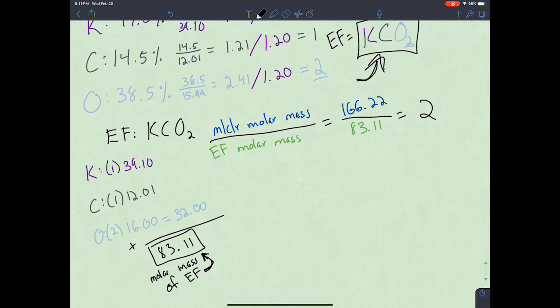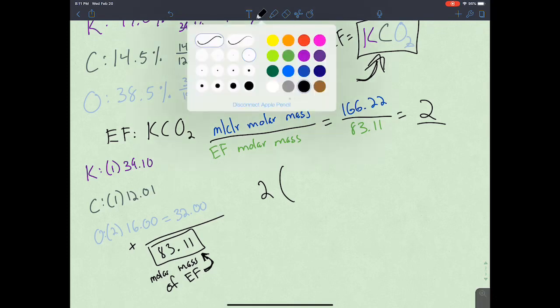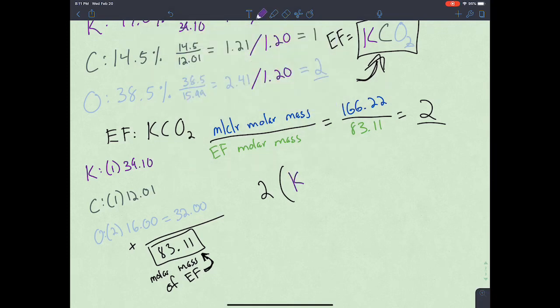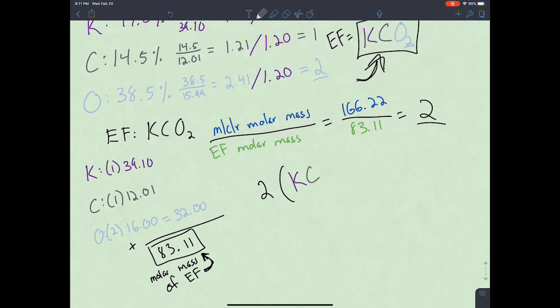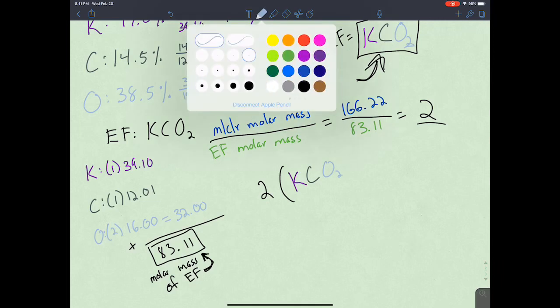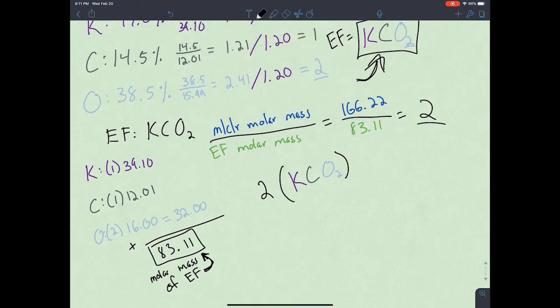That means that our empirical formula is going to be doubled, multiplied by 2. So we take 2 and we multiply it through our empirical formula. We write out the empirical formula, and we multiply through. That means it's going to be 2 multiplied by these subscripts.